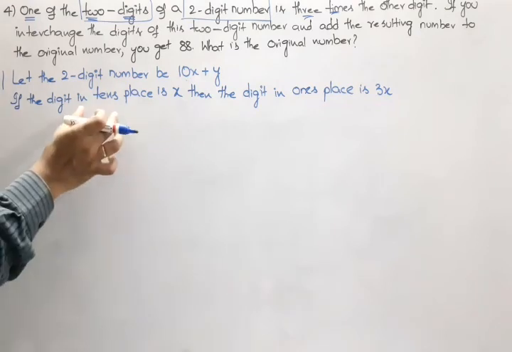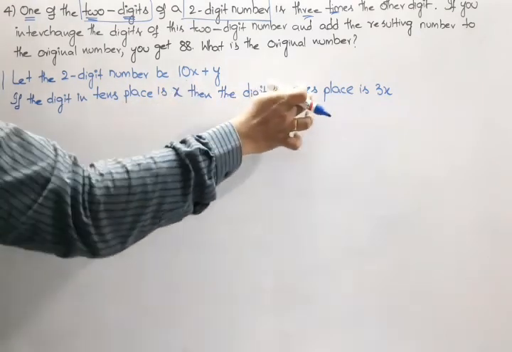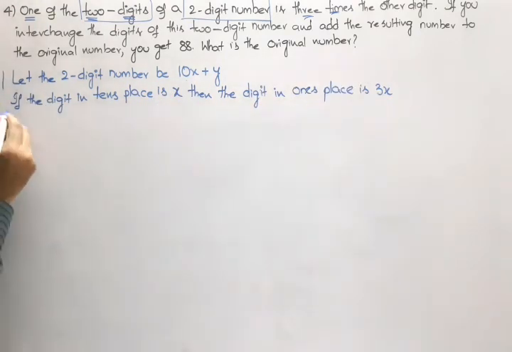If the digit in tens place is x, then the digit in ones place will be 3x.